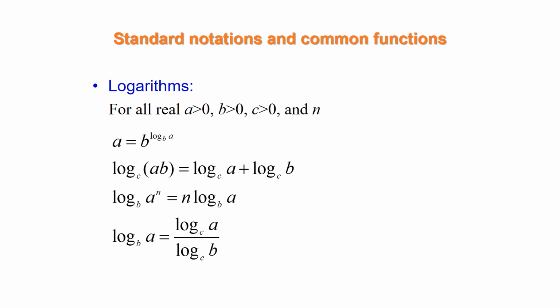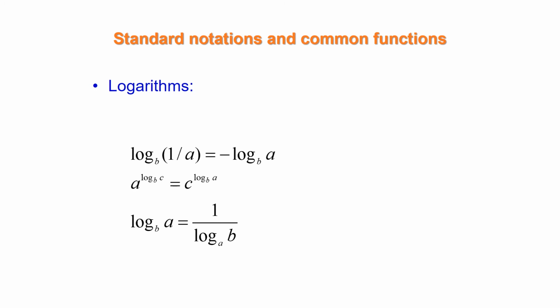Log of a to the power n with base b equals n log a with base b. Log a with base b equals log a with base c over log b with base c. Log b of 1 over a equals minus log a with base b.